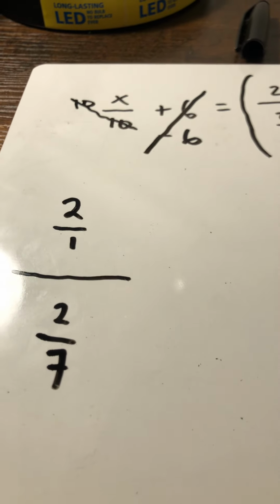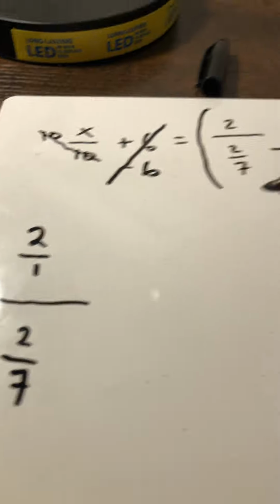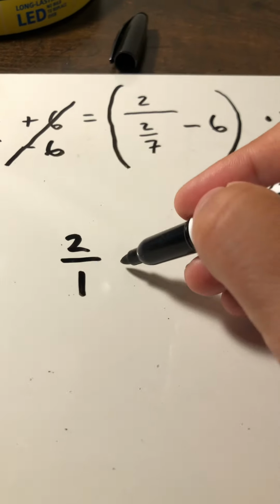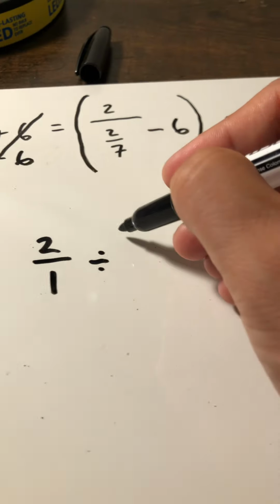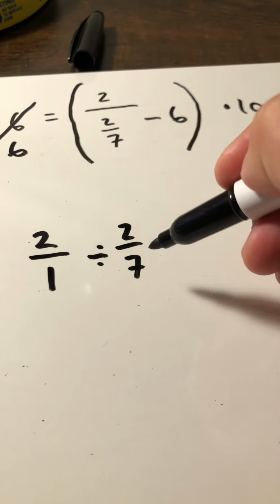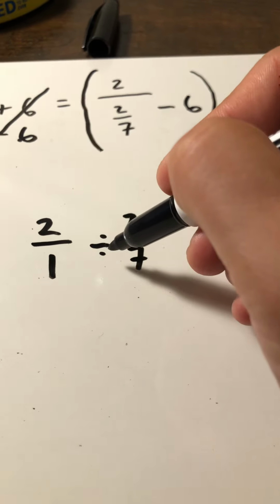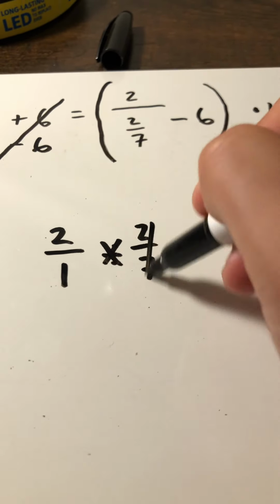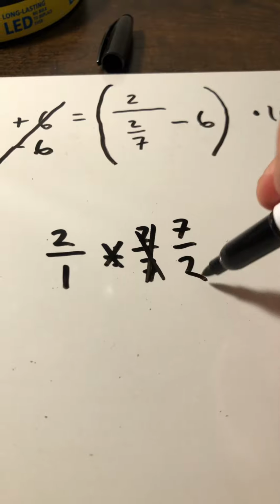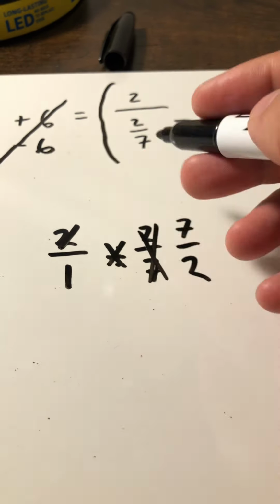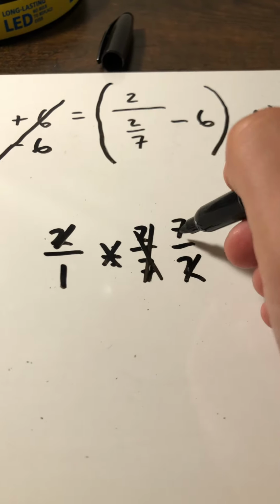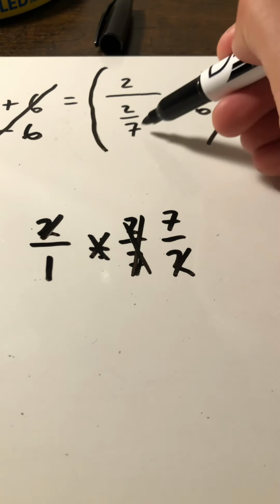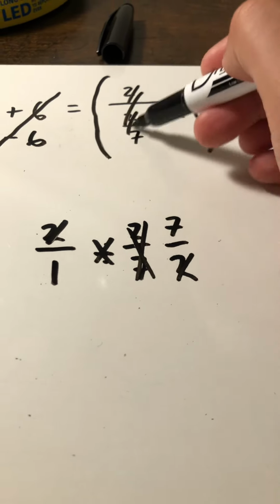Now we can rewrite this as a division question, so we get 2 over 1 divided by 2 over 7. Change that to a multiply sign, flip that, and we get cancel with the cancel. 7 over 1 is just 7. So this thing right here just becomes 7.